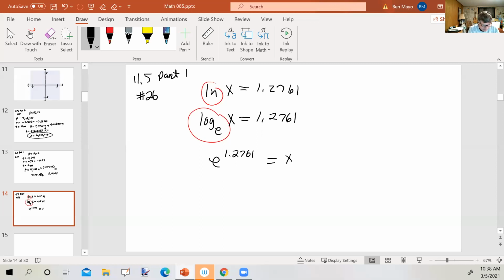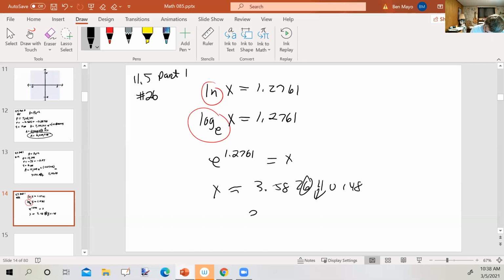So let's see, e to the 1.2761 power. So x is approximately 3.582640148. It says to round to four decimal places.